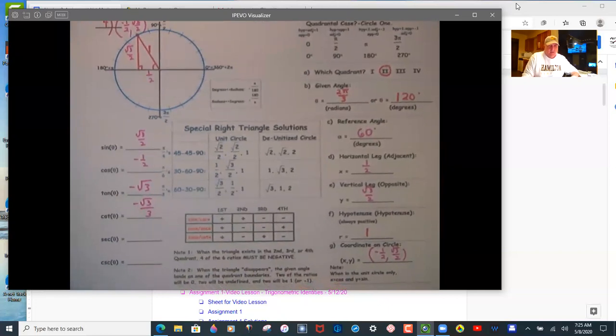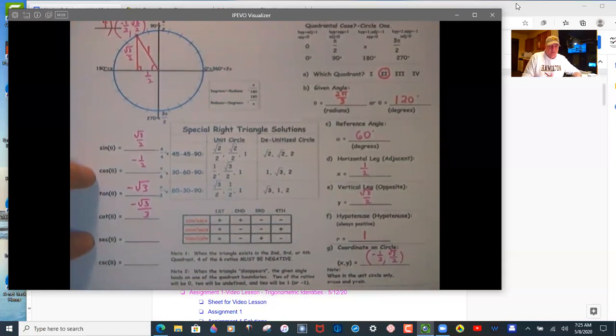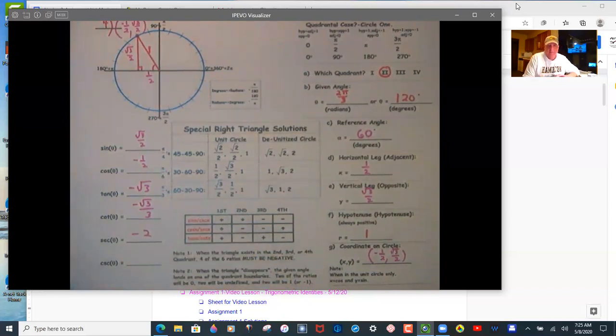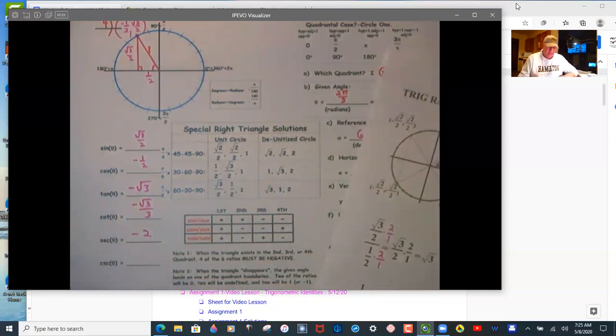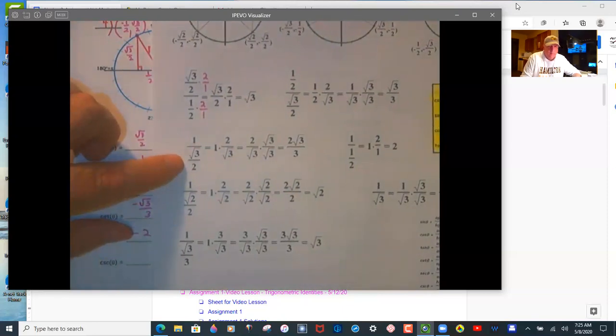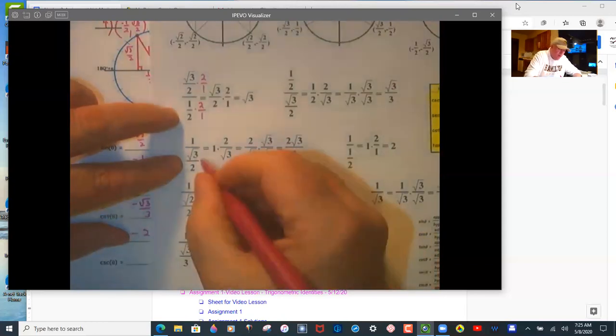The secant ratio is the reciprocal of cosine, so you can just kind of go like this. So the secant, reciprocal of -1/2, I hope you would know that that's -2. And then the reciprocal of the square root of 3 over 2. Where is that in here? That's right here. So again, that involves inverting the denominator and multiplying by the numerator. Why is that true?